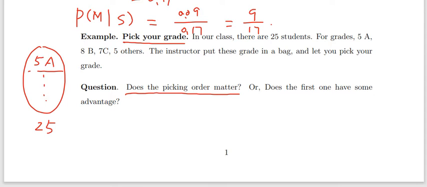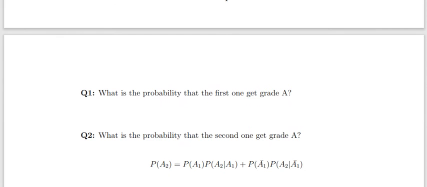For this question, we need to check what is the probability that the first one gets a grade A, and what is the probability that the second one gets an A.